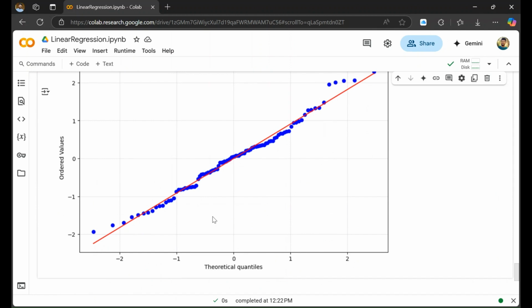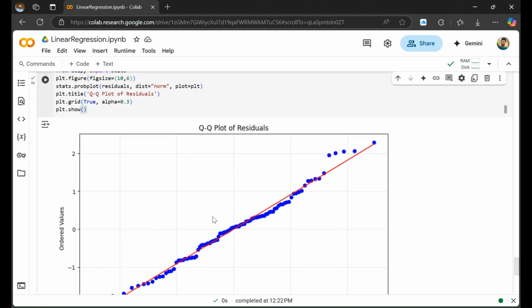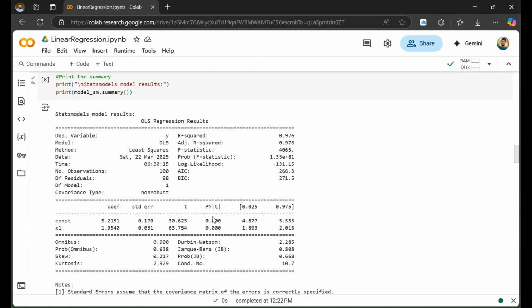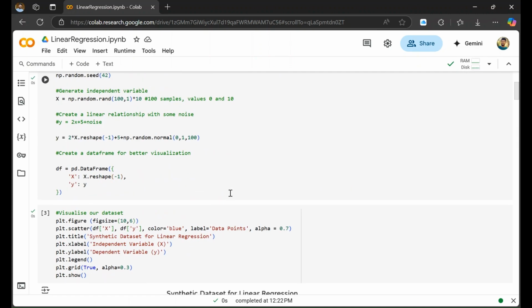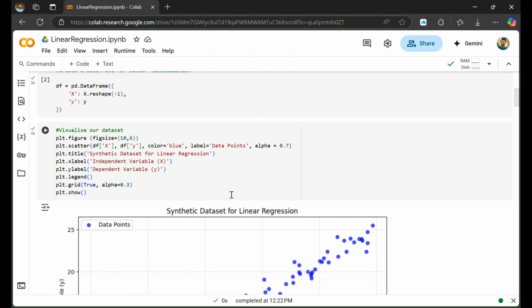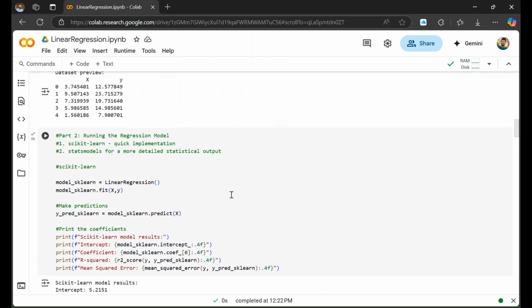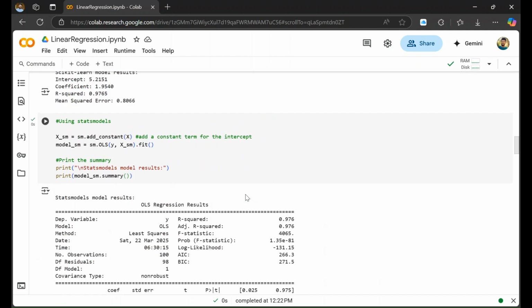So in this video, we learned how to create a data set with a known linear relationship. We created a data set here, and we applied linear regression using scikit-learn and Statsmodels.